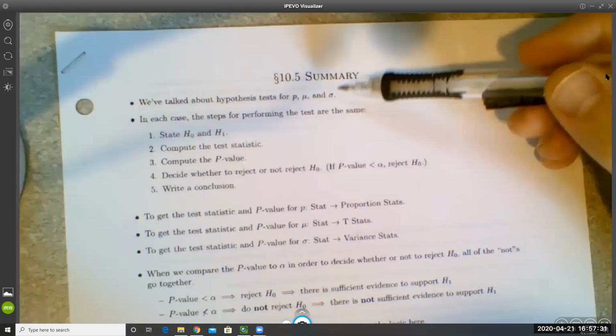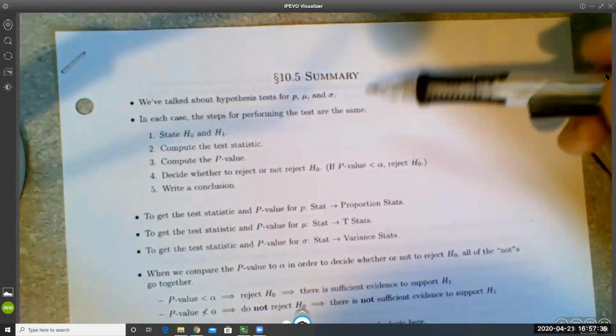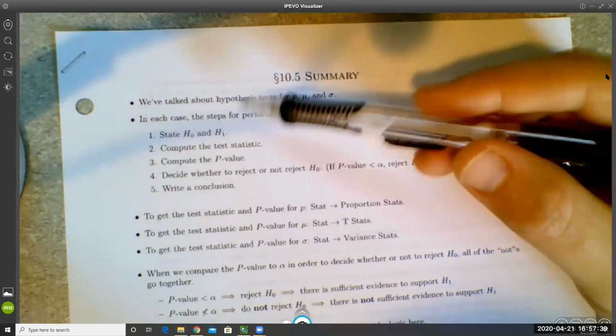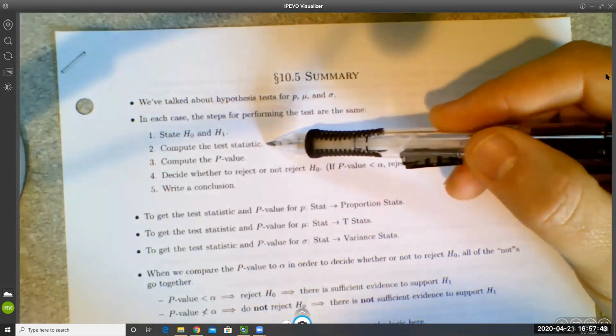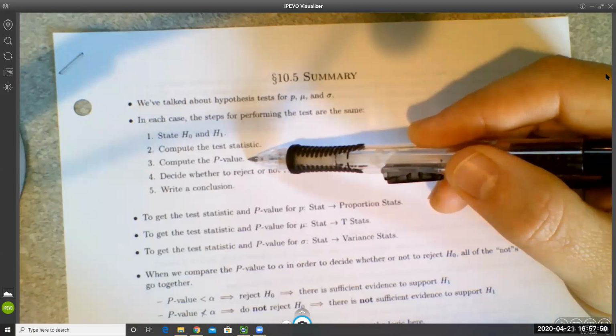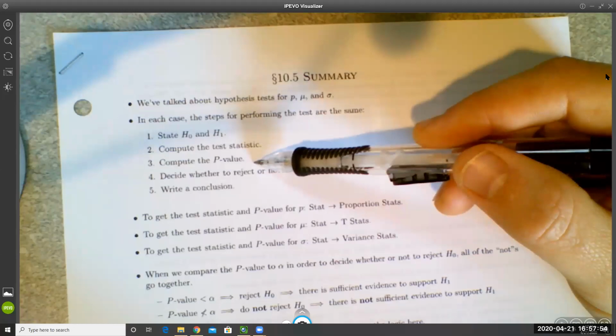So we've talked about hypothesis tests for proportions, means, and standard deviations. In each case, the steps for performing the test are the same. You're going to state your null and alternative hypotheses. Then you're going to compute a test statistic. Once you have that test statistic, you can compute a p-value, which is a probability involving that test statistic in one way or another.